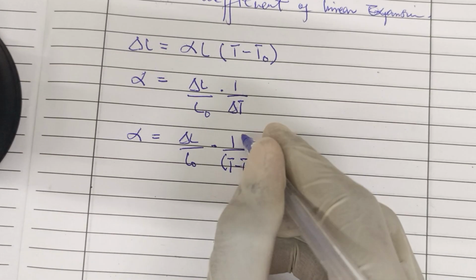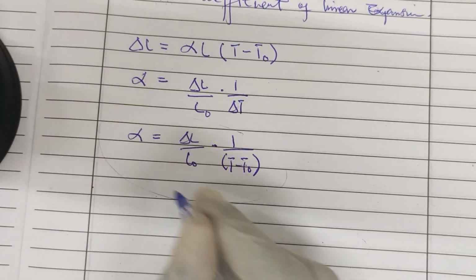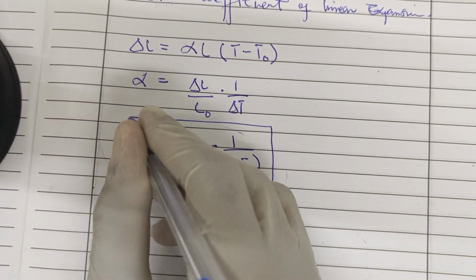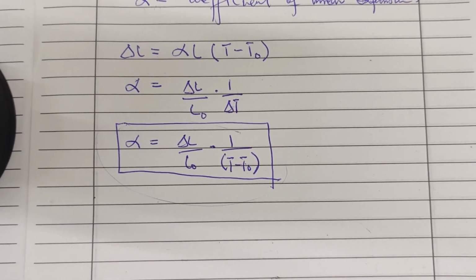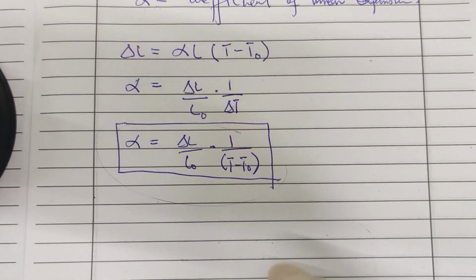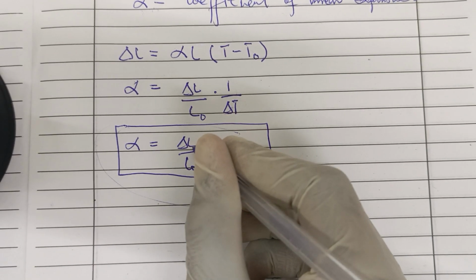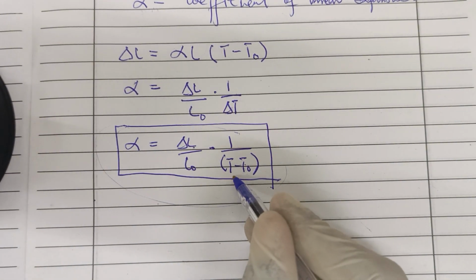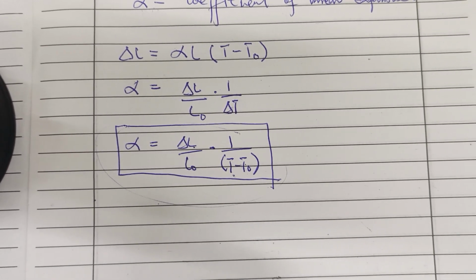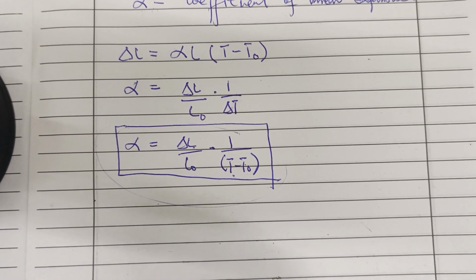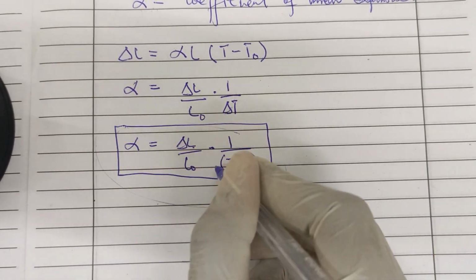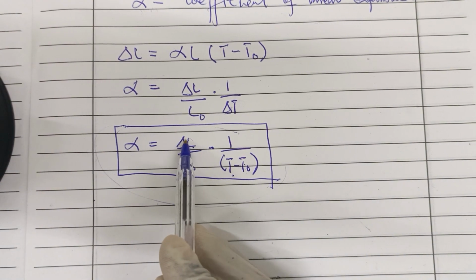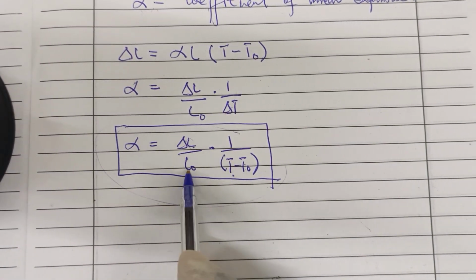Now this is the equation that we'll be using for the experiment. The book says that we should plot the change in L against T, the temperature. So we need to make change in L the subject, not L naught.